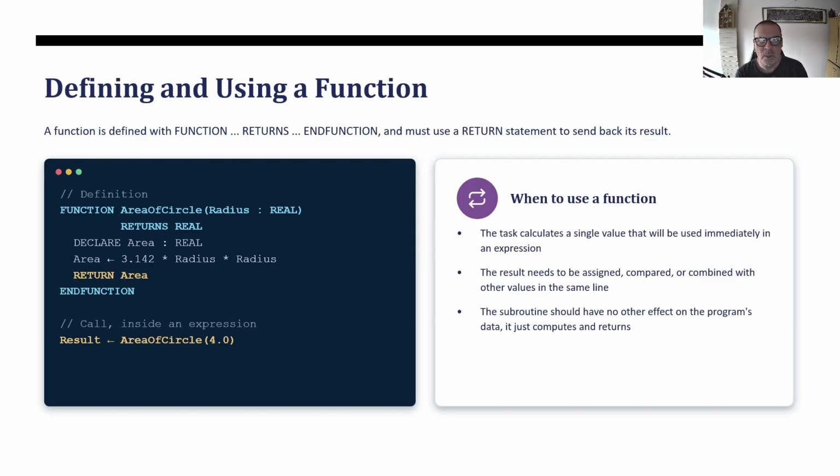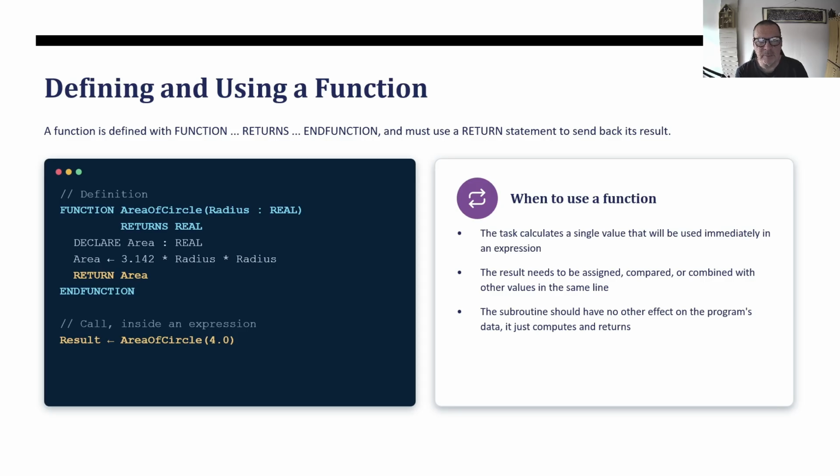Because a function always returns a single value, we need to know what the data type is, so our programs that call the function know how to deal with it, know what they can do with it. It can't be unpredictable as to what kind of data you get back from a function call. Then we have the actual code within the function, and there needs to be at least one return in there because we must pass back a single value.